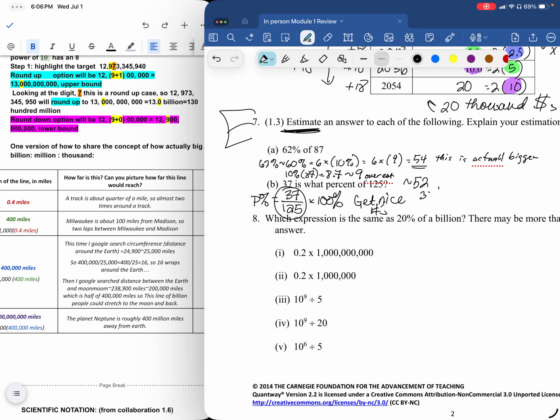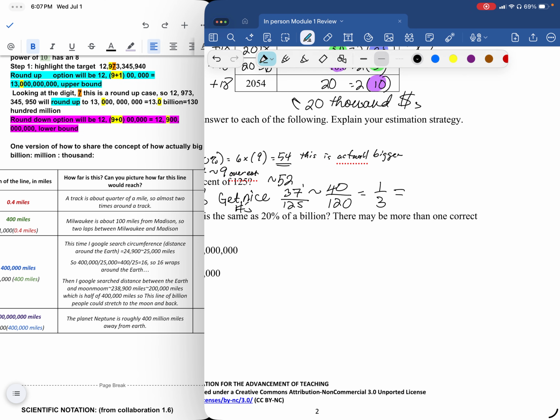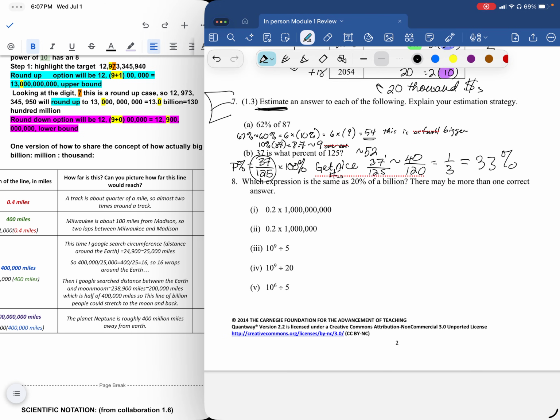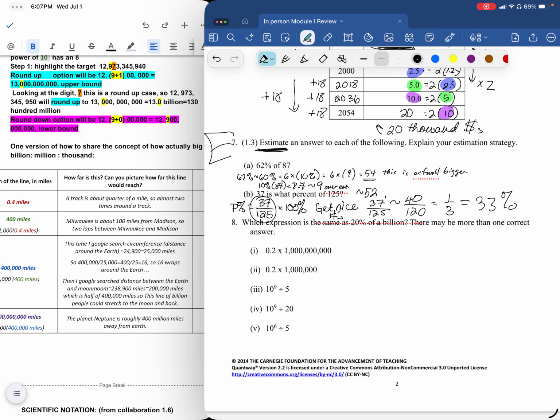So I have 37 over 125, and I can see that this is like 40, it's 120, and then that's 1/3. And then I know that that is our 33%. So, I mean, my explaining is get nice numbers, I guess, and then reduce.